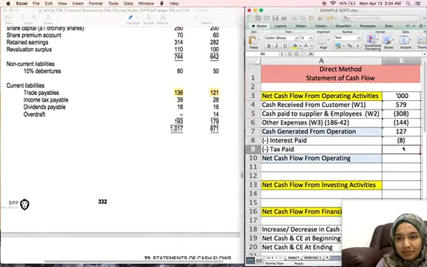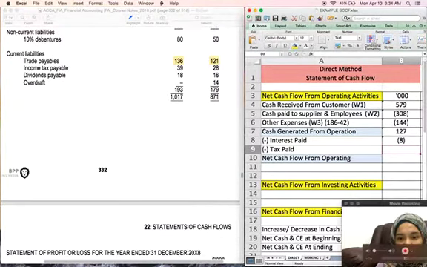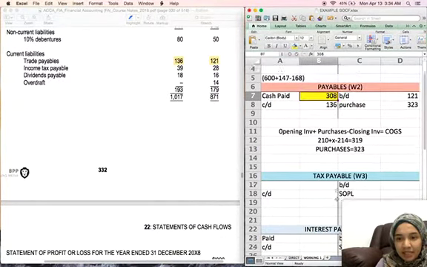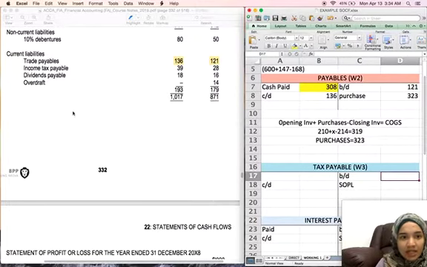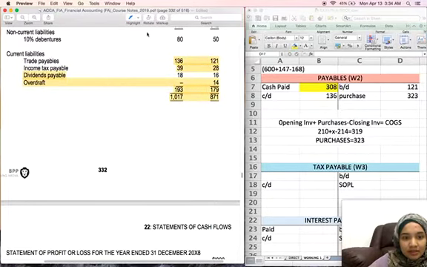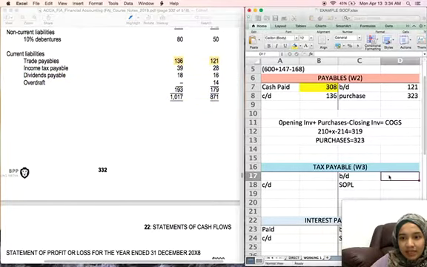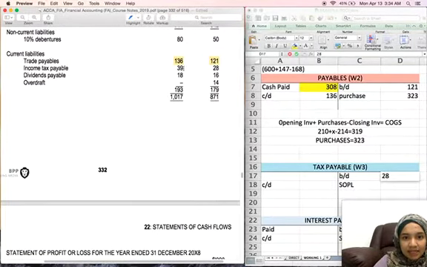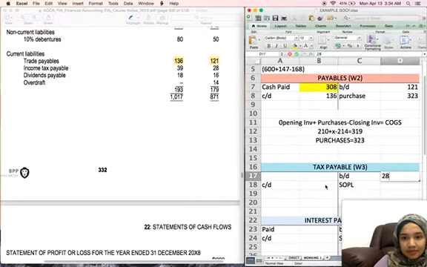Okay. So, let's look at tax payable. So, BD how much? Income tax payable, BD is 28. CD is 39. Okay.